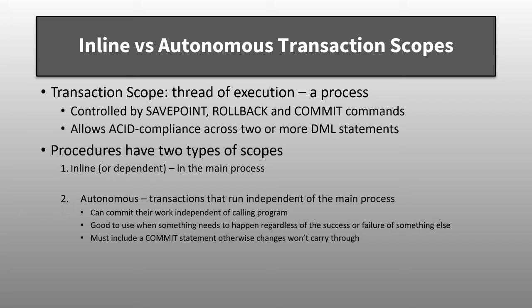So the data is managed that way, and the transaction scope allows for ACID compliance across 2 or more DML statements. And this is important to ensure that the DML statements are complying with each other, and that the data is complying with each other, with all the different pieces of data that are being used.